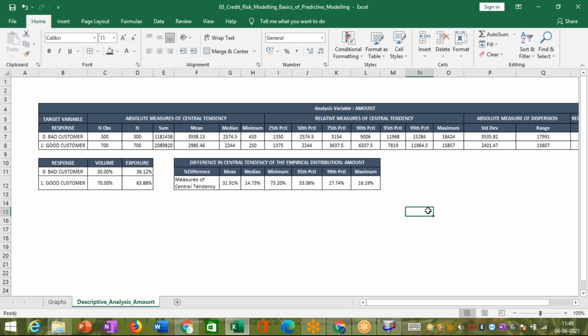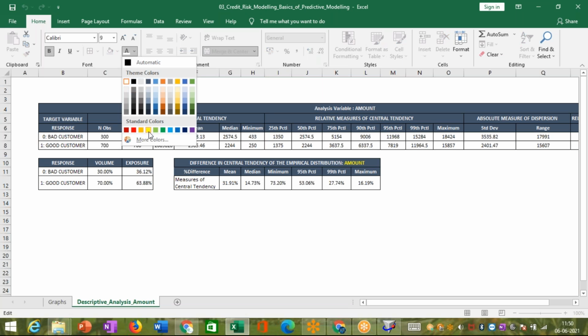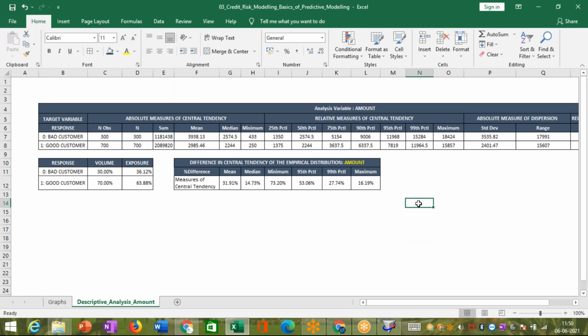Now, from the differences in the measures of central tendency, we can clearly say that yes, there is a very clear difference in the profile of the borrower.